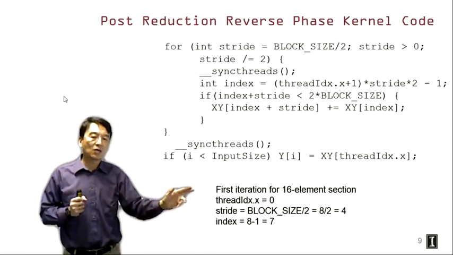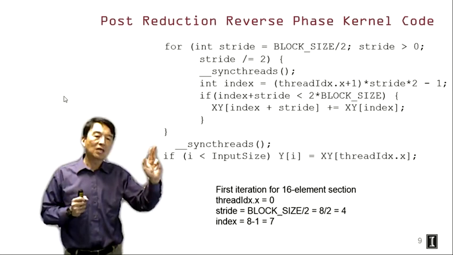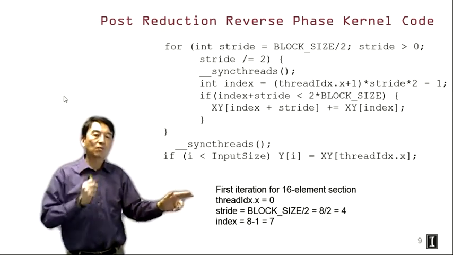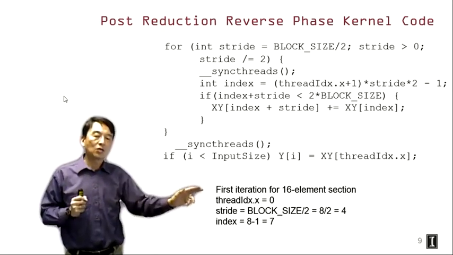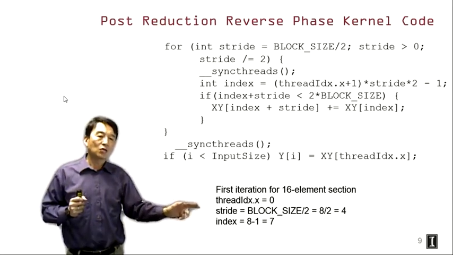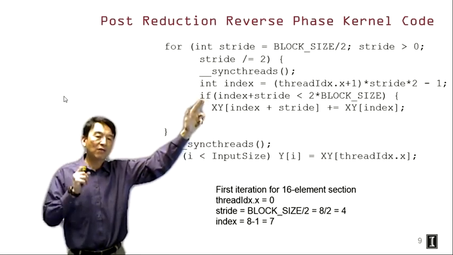So just as a quick example here, in the first iteration for 16 element section, only one thread will be active according to our previous picture. So if we look at thread IDX, the 0 thread, its stride value in the first iteration is going to be half of the block size, which is 4. And then threadIdx.x plus 1 is going to be 1 for thread 0.